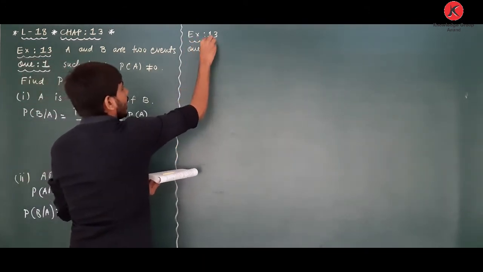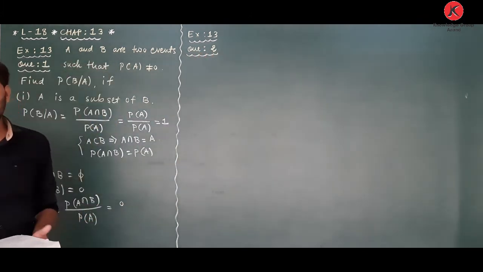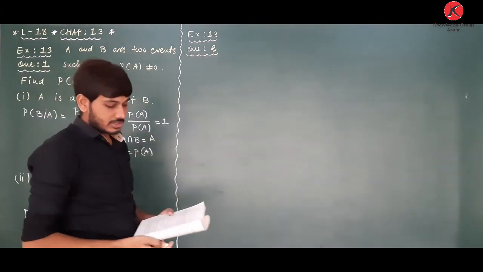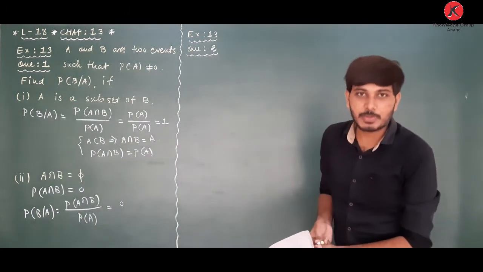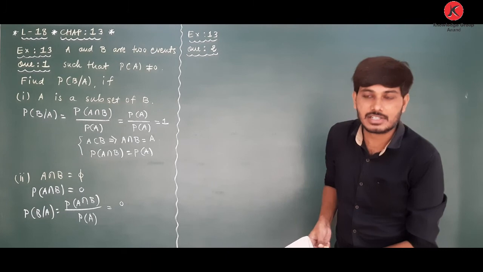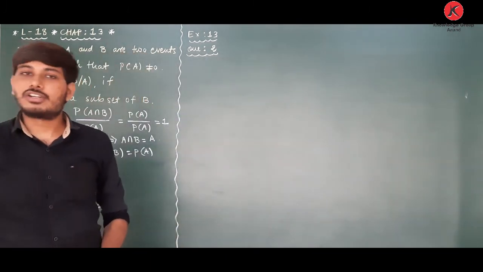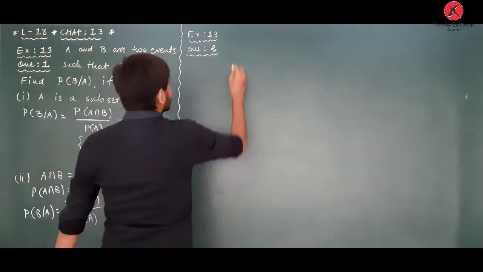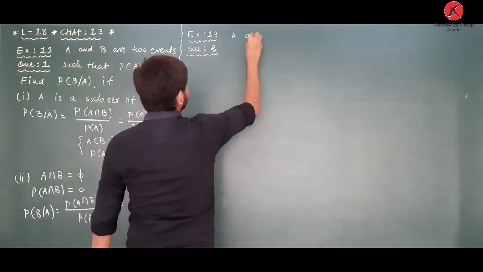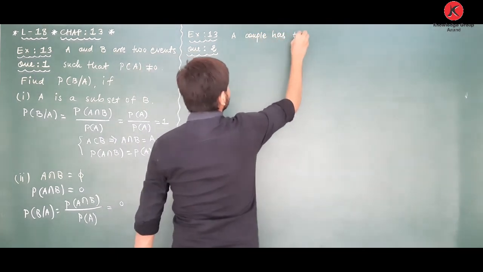A couple has 2 children. A couple has how many children? 2 children. So if we write down the sample space, obviously it is boy boy, boy girl, girl boy, or girl girl. We know that 4 elements are there.